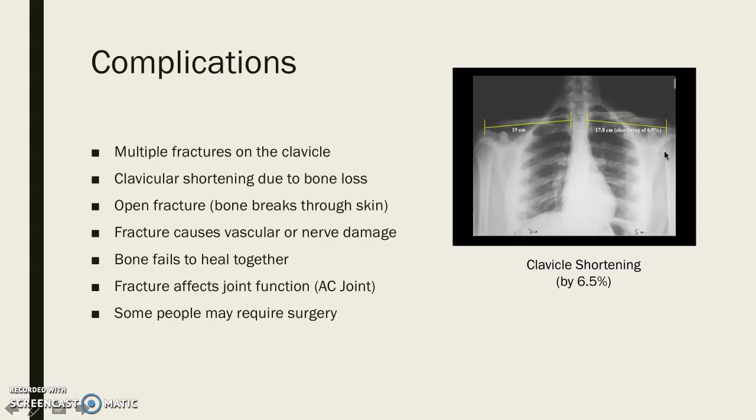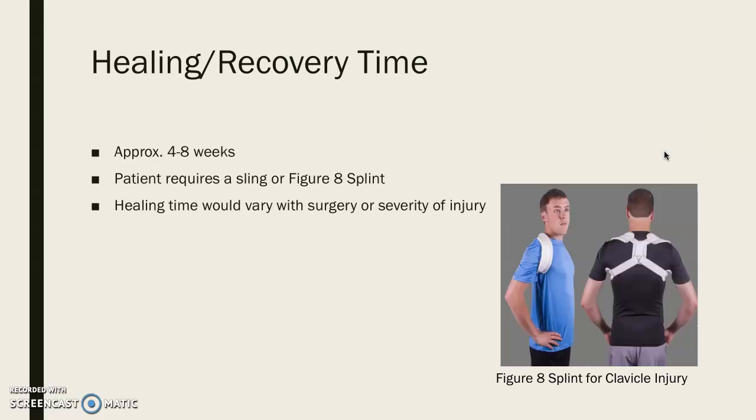An open fracture where the bone breaks through the skin is also another complication. Others are if the fracture causes vascular or nerve damage, or the bone fails to heal together properly, or if the fracture affects joint function, specifically of the AC joint, which we talked about earlier. All of these are complications of a clavicle injury, and some of these may require surgery depending on the severity of your injury, but not always.